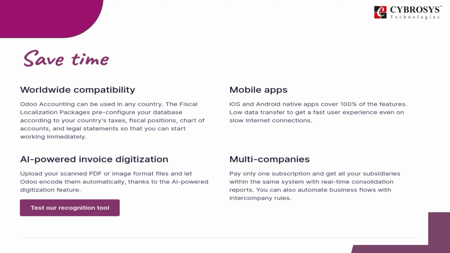You don't need to separately record each and every transaction manually. That is what we call digitization. Odoo supports digitization. And also Odoo supports multi-company. You'll be able to create your subsidiary companies within the same system, and you only pay for one subscription. You can automate your business flows with intercompany rules as well.